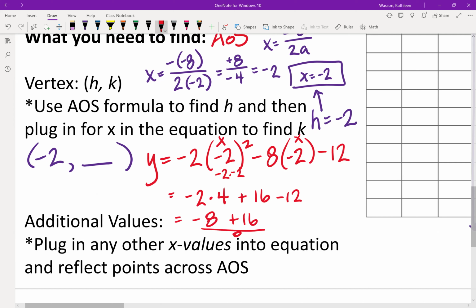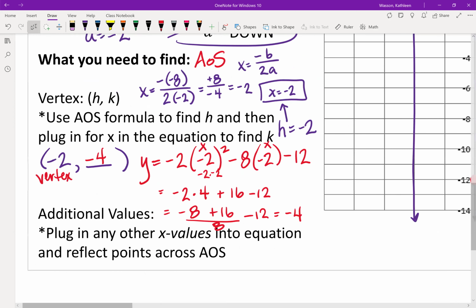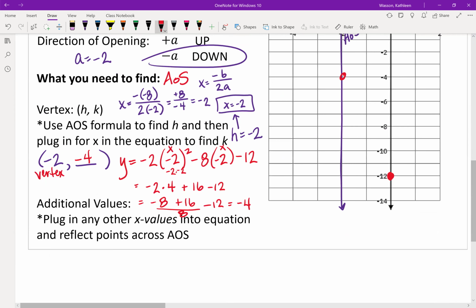This is 8 minus 12. 8 minus 12 is -4. So my vertex is (-2, -4). Go ahead and draw that one in.